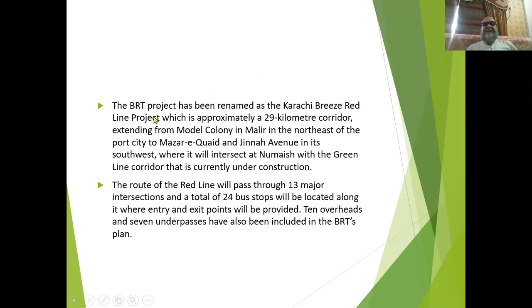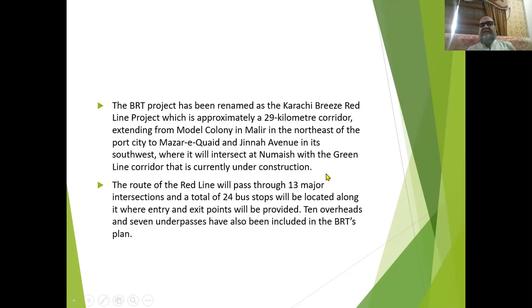The BRT project has been renamed the Karachi Breeze Red Line Project, an approximately 29-kilometer corridor extending from Model Colony in Malir in the northeast of the port city to Mazar-e-Quaid and Jinnah Avenue in its southwest, and it will intersect at Numaish with the Green Line corridor, which has already been completed.